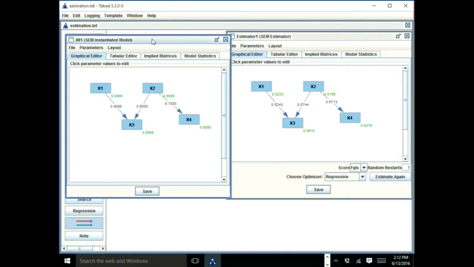Pretty close, right? And this one is 0.6, and that one is 0.5744, also pretty close. And this was 0.7, and that one's 0.67. So they're all within like 0.03, which is kind of what you'd expect from a large sample size of 1,000 sample points. So that's getting parameter estimates.